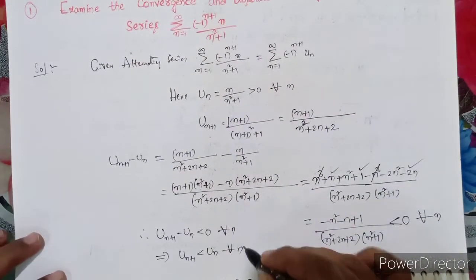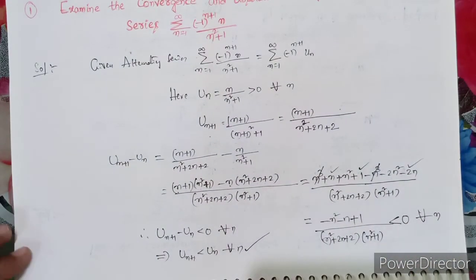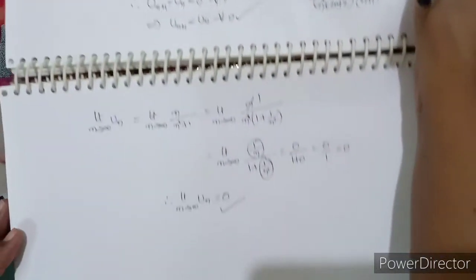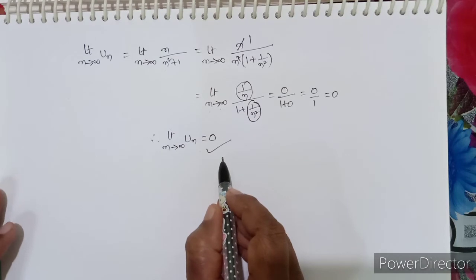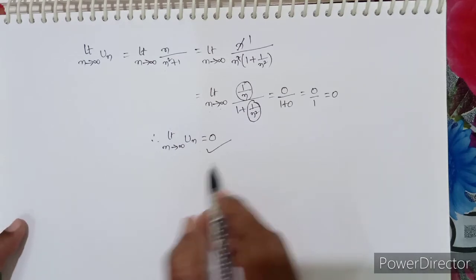Previously we had seen each term is numerically less than its preceding term, and now limit n tends to infinity un is equal to 0. Both the conditions of the Leibniz test are satisfied.